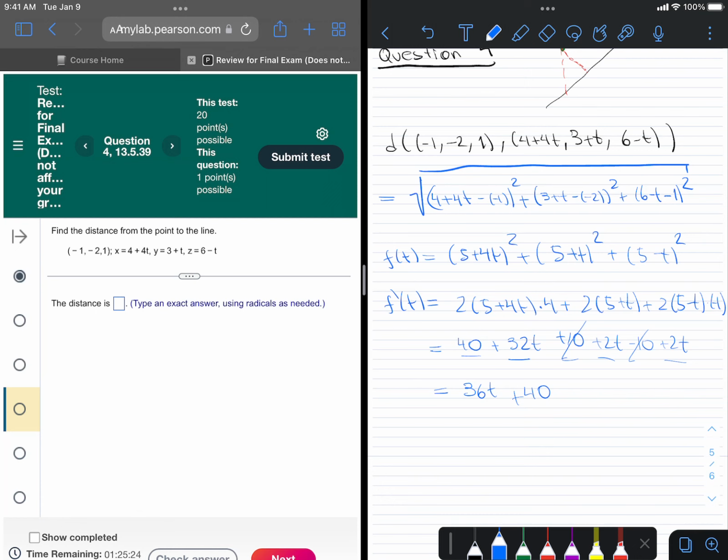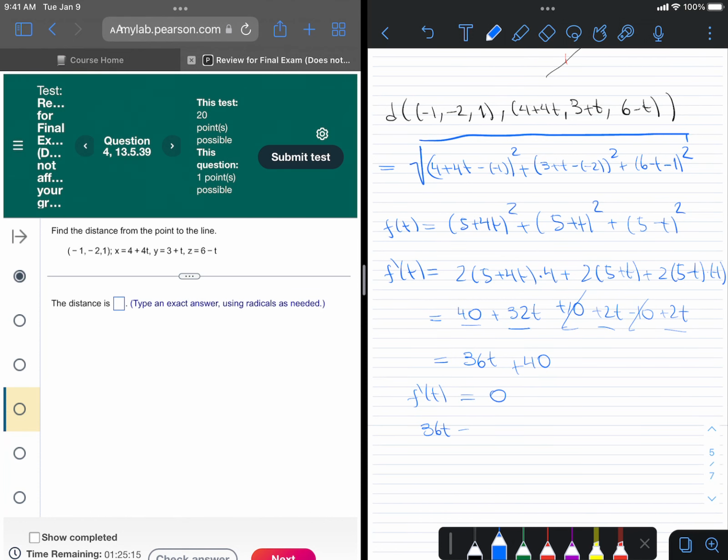So that would mean that the minimum distance is achieved when the derivative of this function equals 0, which means 36t plus 40 equals 0. So t is minus 40 over 36.